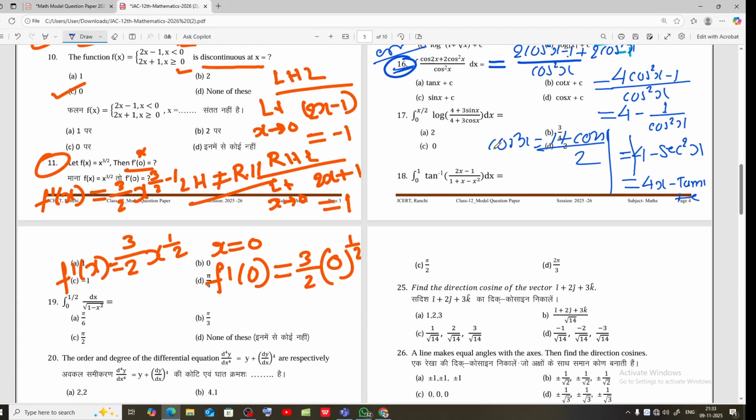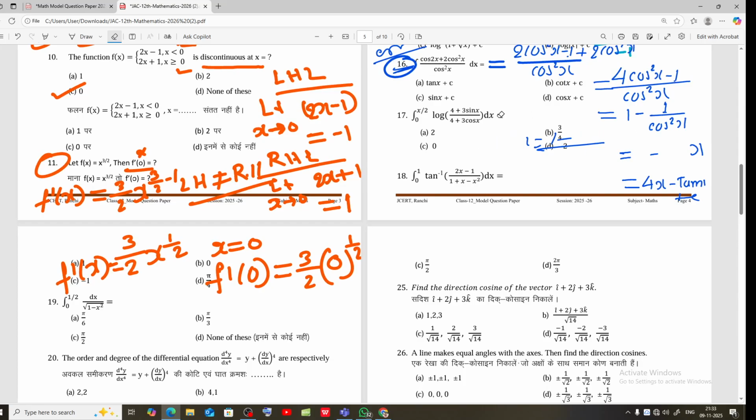Question number 17. Question number 17 also has some error.